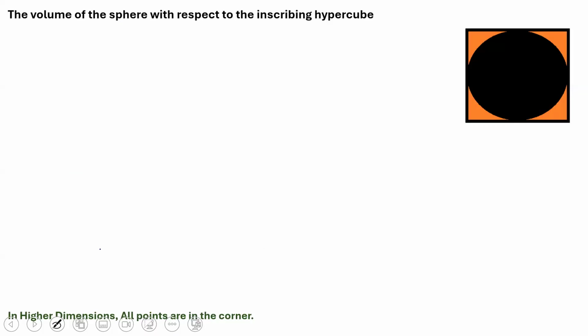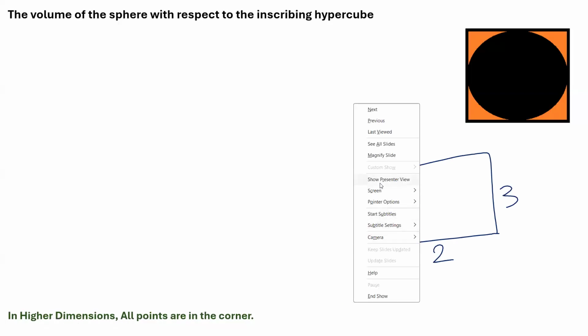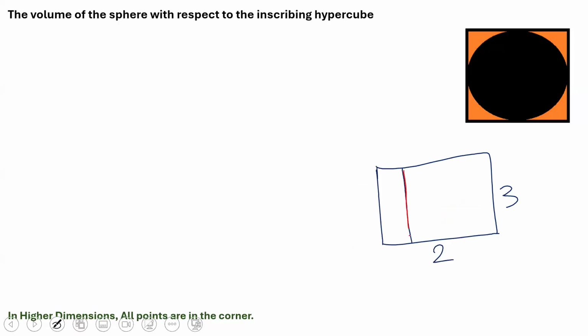Before explaining that, I'll give you a simple example. Let's take a rectangle or square, whatever it is. I'm taking a rectangle of size 2 by 3. Inside this I have another rectangle. Let me change the color to red. Now inside this, I have another rectangle of 1.5 length.